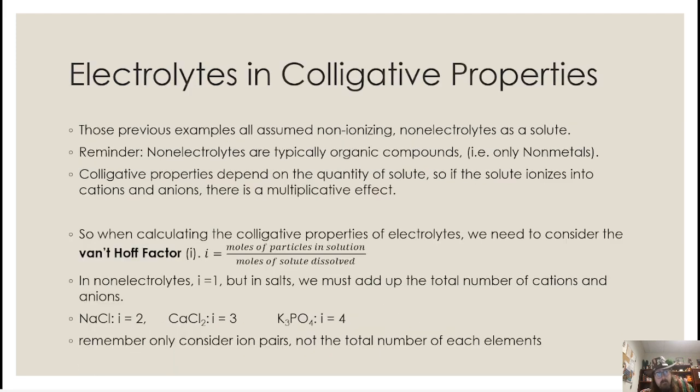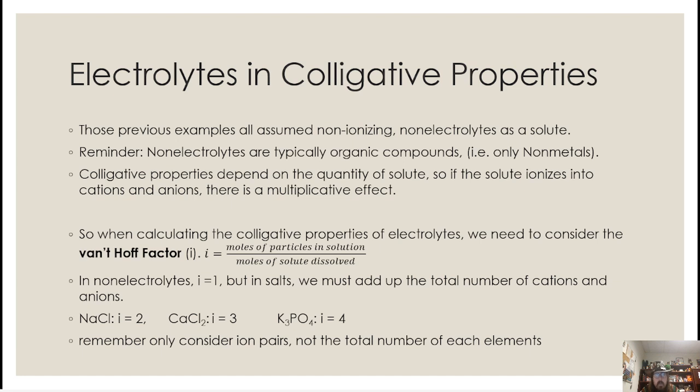Now, what is more impressive is electrolytes in colligative properties. Because remember, the colligative properties do not care about what is dissolved, just the sheer amount. Well, the previous examples assumed a non-ionizing, non-electrolytic solute. So something that would dissolve but not break apart.